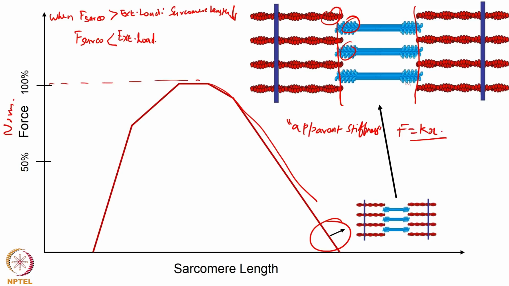It need not just be the external load. For the purpose of this discussion, when we are looking at one sarcomere, the force produced by another sarcomere can be acting as a load for this sarcomere. So, if the force produced by the sarcomere is less than the load on that sarcomere, then the sarcomere length increases.